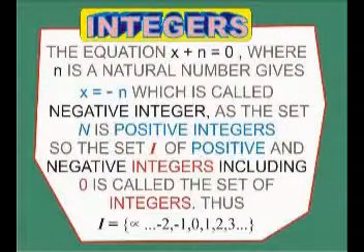So the set I of positive and negative integers including the number 0 is called the set of integers. Thus I equals minus infinity and so on, minus 2, minus 1, 0, 1, 2, 3 up to infinity.